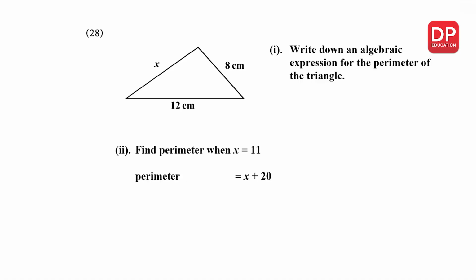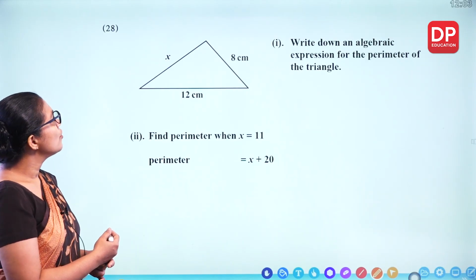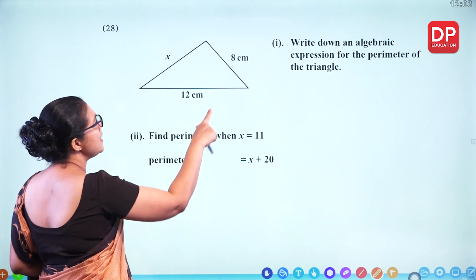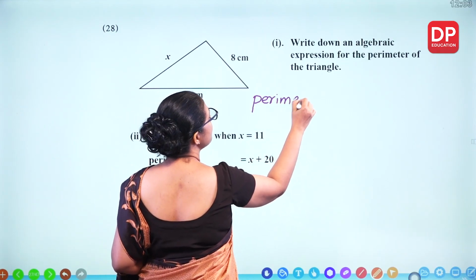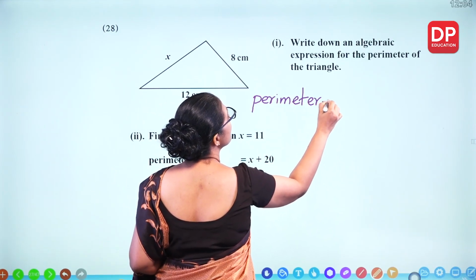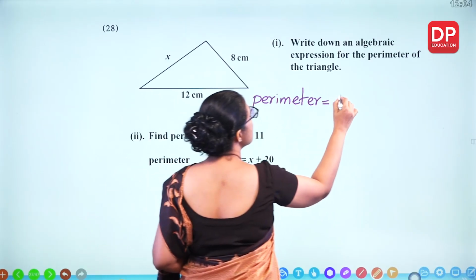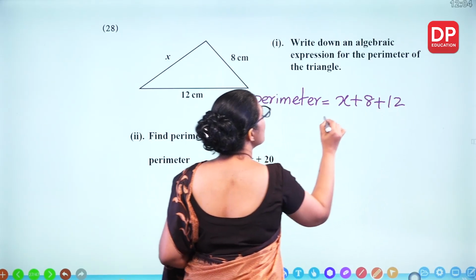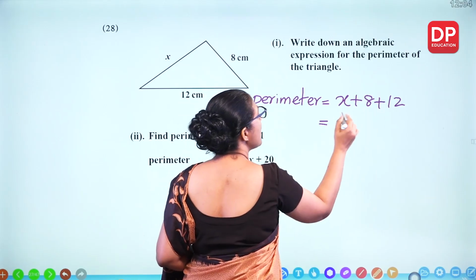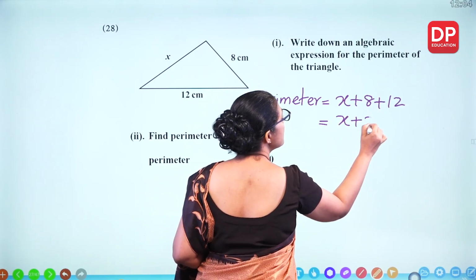Look at this triangle. Write down an algebraic expression for the perimeter of the triangle. Perimeter means adding the outer lengths. X plus 8 plus 12. So you can add like terms: 8 plus 12, you can write 20.